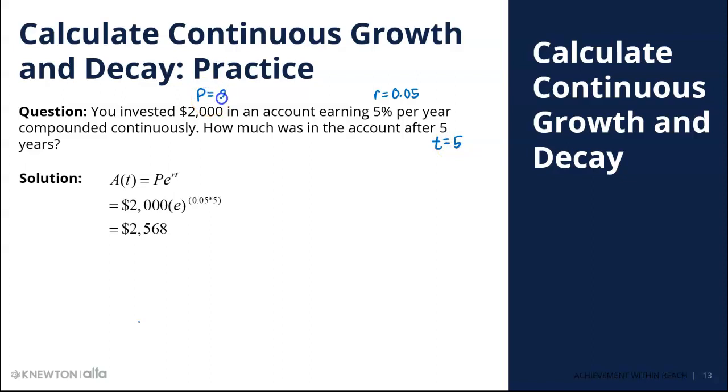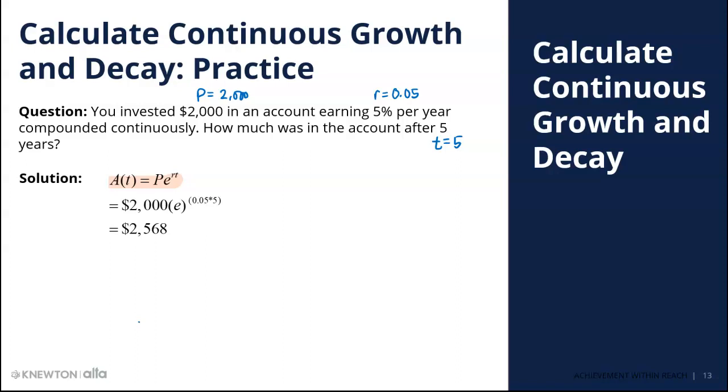P is equal to 2,000. Then looking at the formula for our exponential function, exponential growth or decay, or continuous compounding interest formula, we have A of t equal to P times e to the rt.